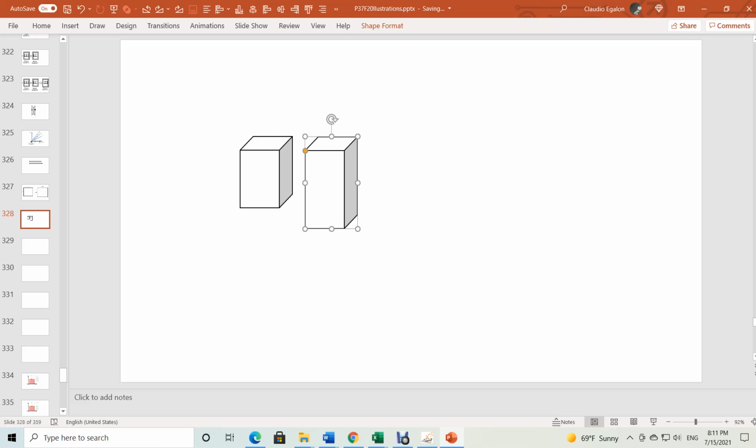Then we're going to expand this object along the horizontal. Yeah, but it's contracting. Let's see here. Yeah, it doesn't look like I can do anything about that.